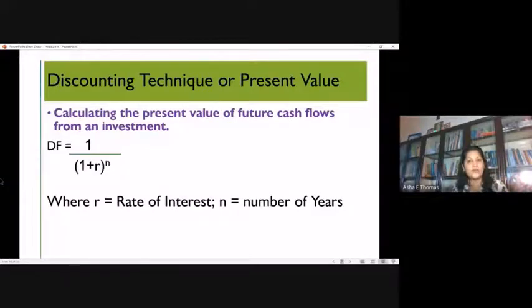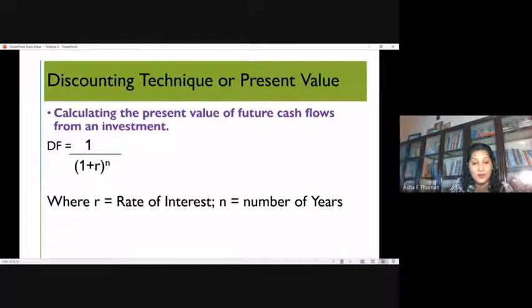So always when we are trying to make an investment, we check whether the value of the money which I get in future is good enough to make up for this sacrifice. That is where the concept of present value comes in.